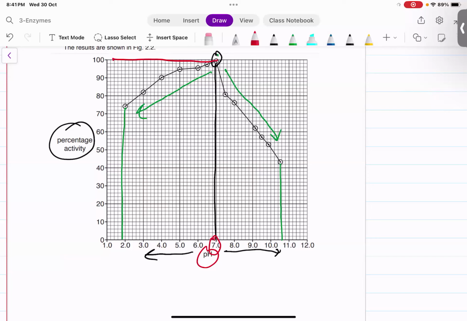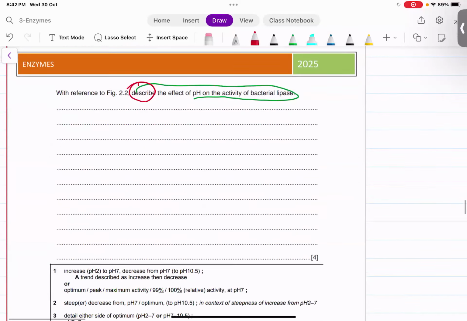Then you can say that an increase of the pH to this point has decreased to this point, and you can take the value from here. Similarly, when you lower the pH value, this has decreased to this value, so you can take these values to describe.